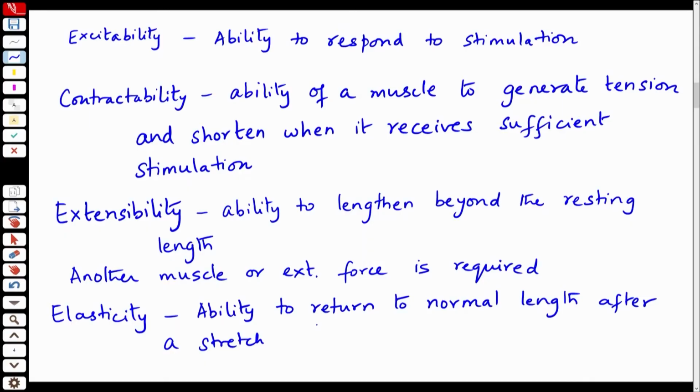So, if you apply too much force, which is what happens in ligament injuries, if the force is so much that the ligament gets overstretched, then it has no way of returning to its original length, because it is rather inelastic, and so you have a problem.